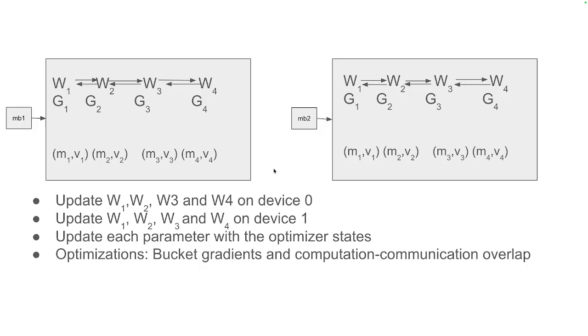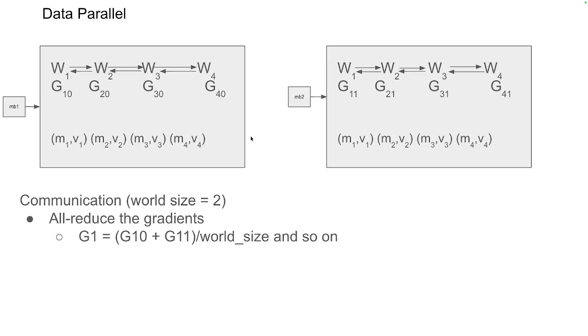Some modifications that people generally make: instead of waiting for G10, G40 and G41 can be all reduced, right? If you want to overlap communication and computation, as soon as you get back G40 and G41, you can do an all reduce and synchronize the gradients.